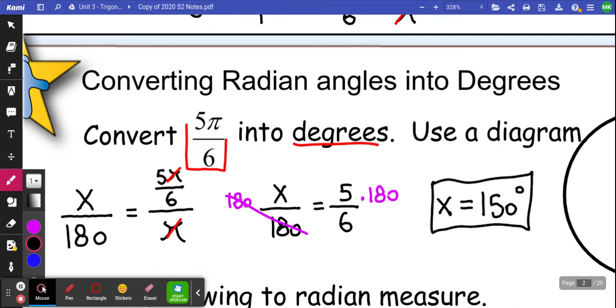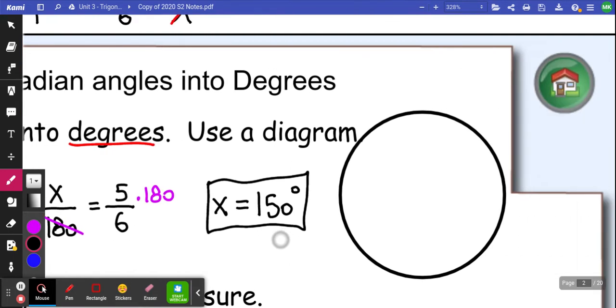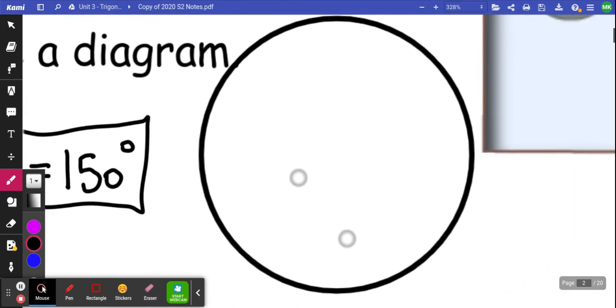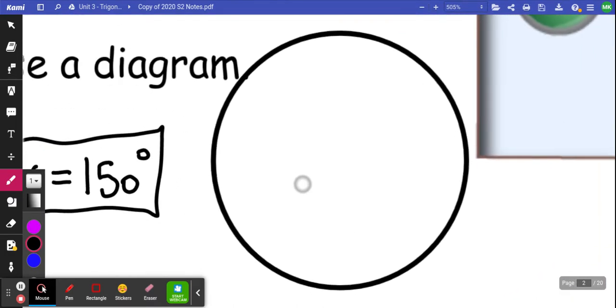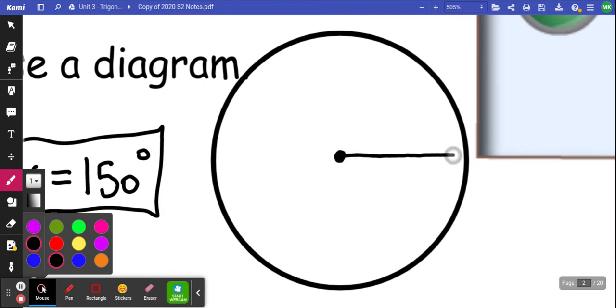We're going to do a lot of diagrams, and you're going to have something called a unit circle, which if you know anyone from last semester, they probably made them all the time. This is kind of a good intro to the start of what unit circle is. So let's look at our diagram. We're going to start off with our basic knowledge of a circle, which is that if I went straight to the right, we're going to call that 0 degrees.